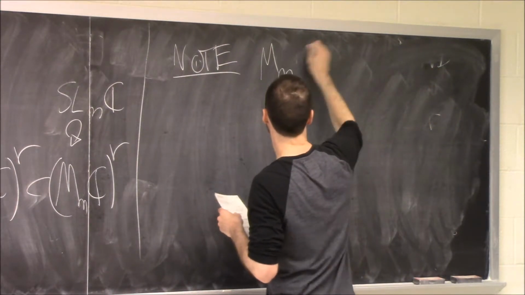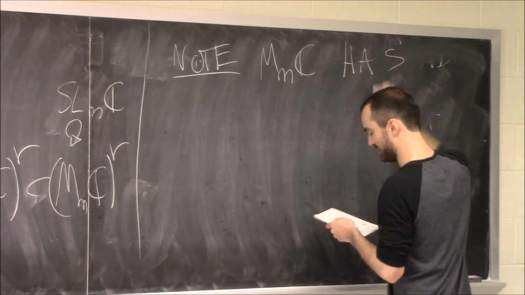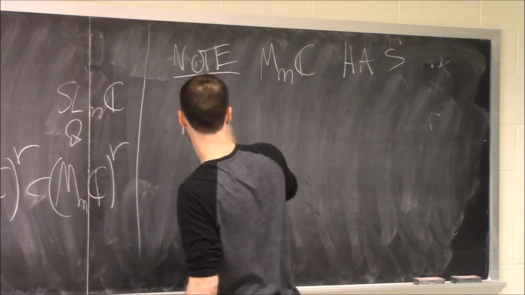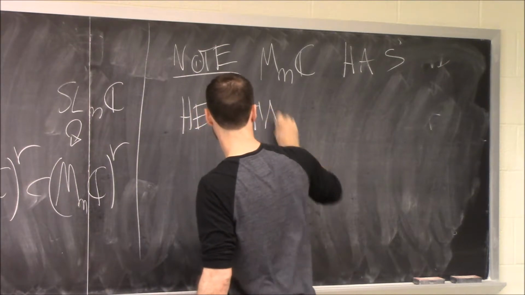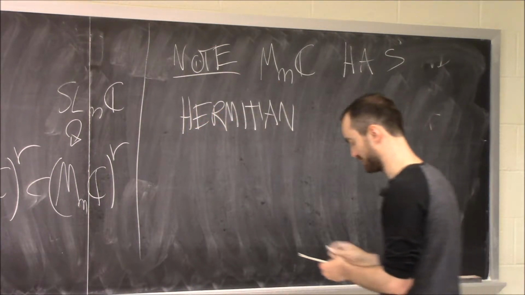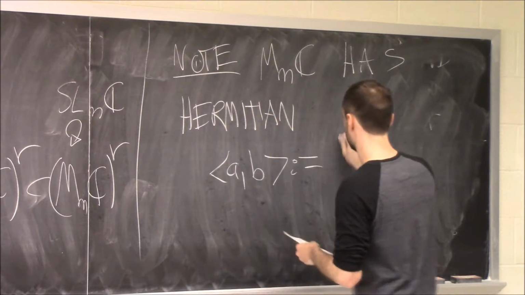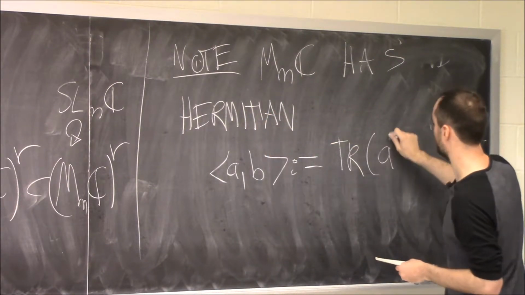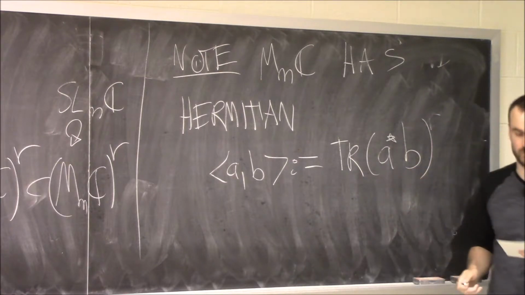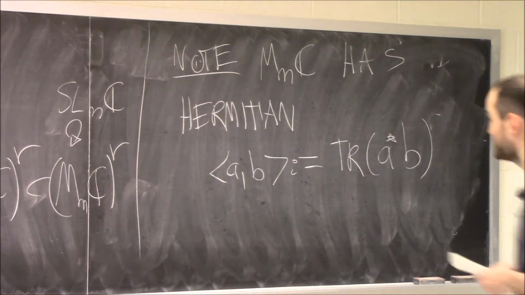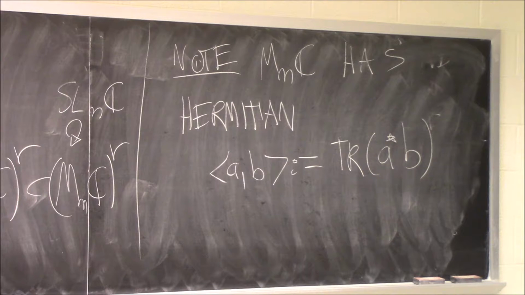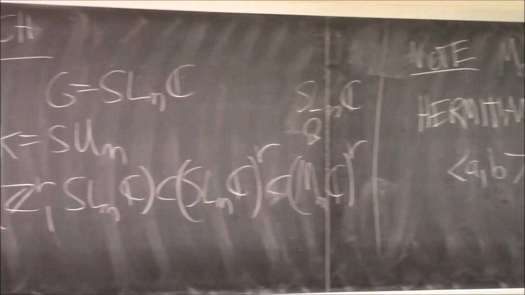M_n(C) has a Hermitian inner product, which is often called the Frobenius inner product. And what does it do if I give you two matrices A and B? This is going to be the trace of A star B, where A star is conjugate transpose. So what do I like about this Hermitian inner product? The main feature that I care about is that it's unitary invariant. So the norm is unchanged by conjugation by elements of the compact subgroup.